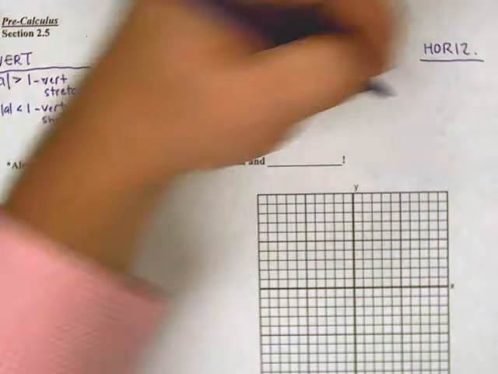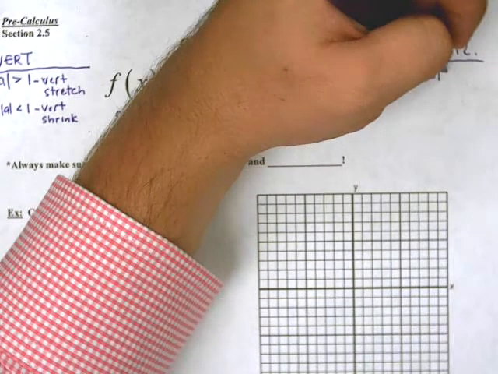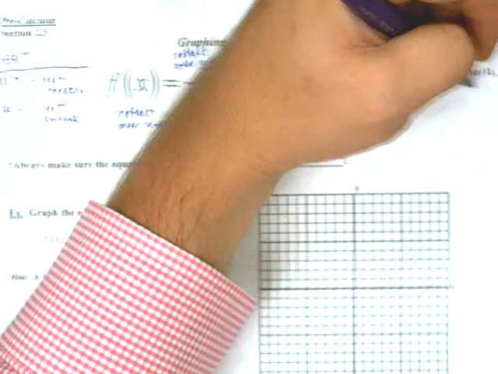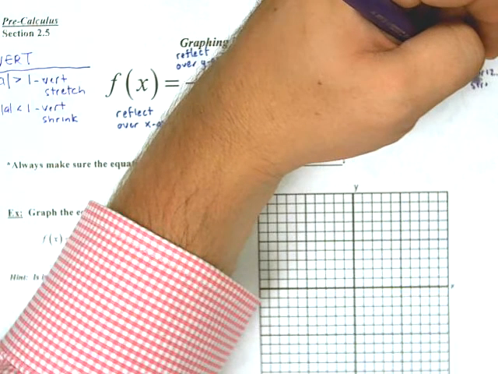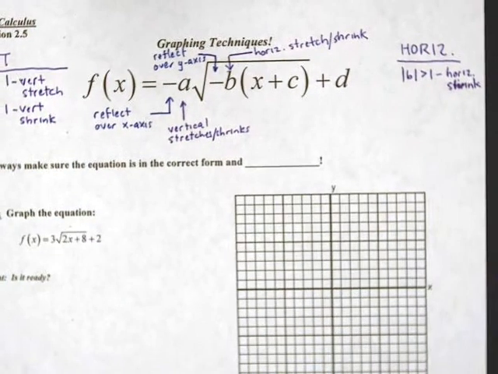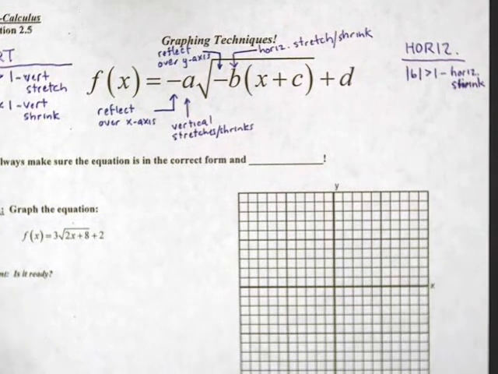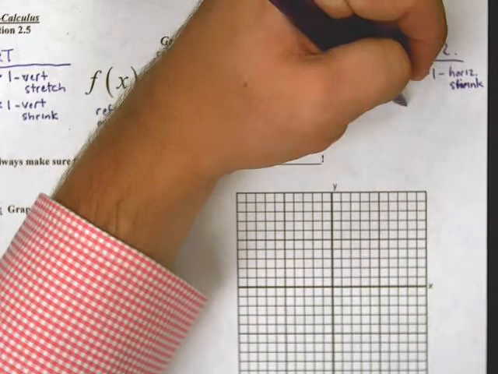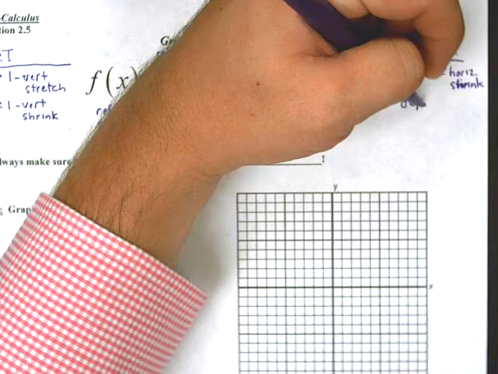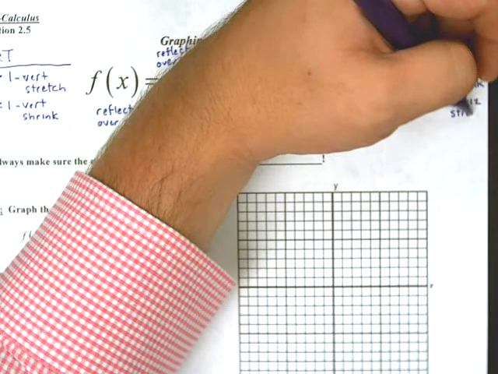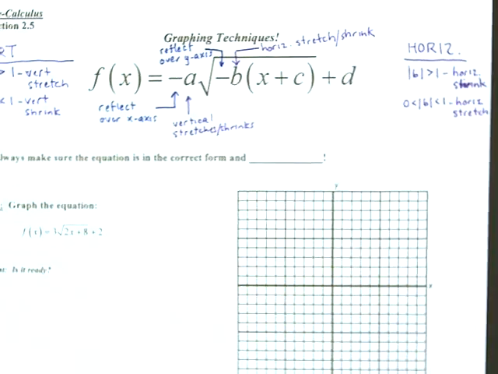If b is greater than 1, then we have a horizontal shrink. It's actually going to shrink our graph. And then 0 is less than b is less than 1, and we know that this one is the horizontal stretch.